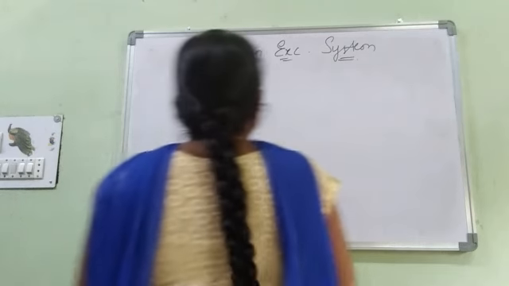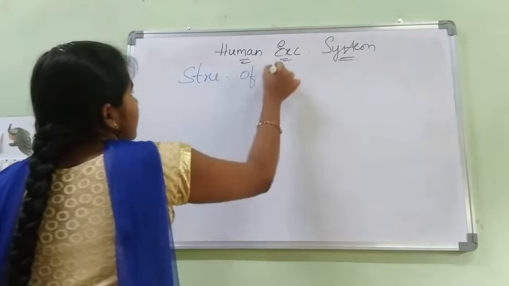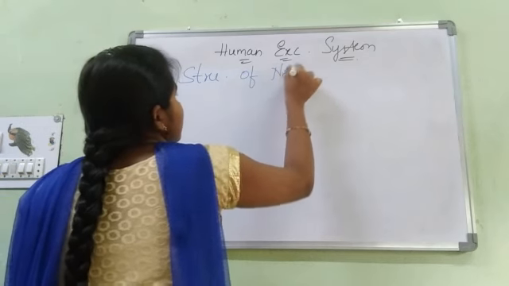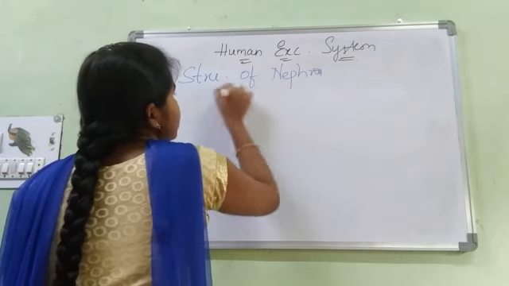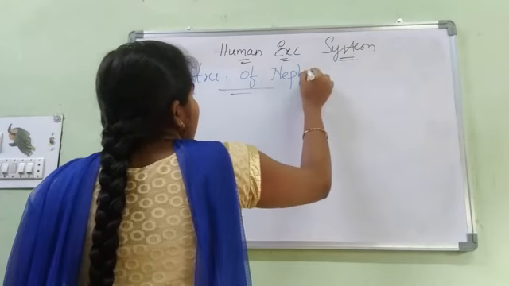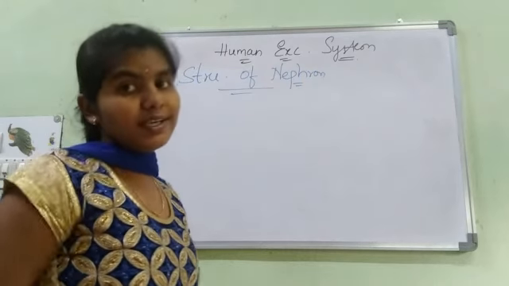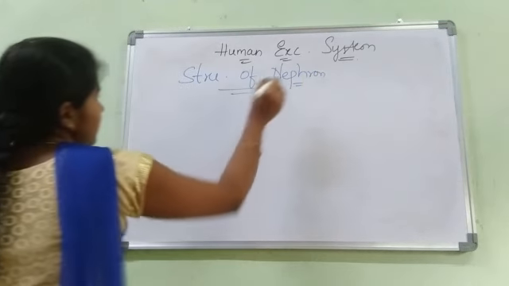Structure of nephron. It is not neuron, friends, it is nephron. Neuron is related to the brain, those are called nerves, and this is nephron. Nephron is related to the kidney. Don't get confused.